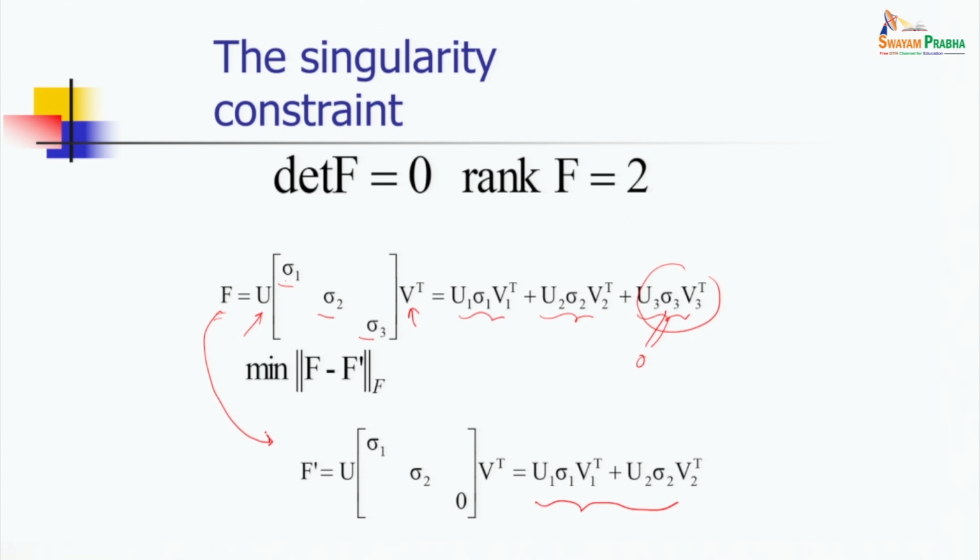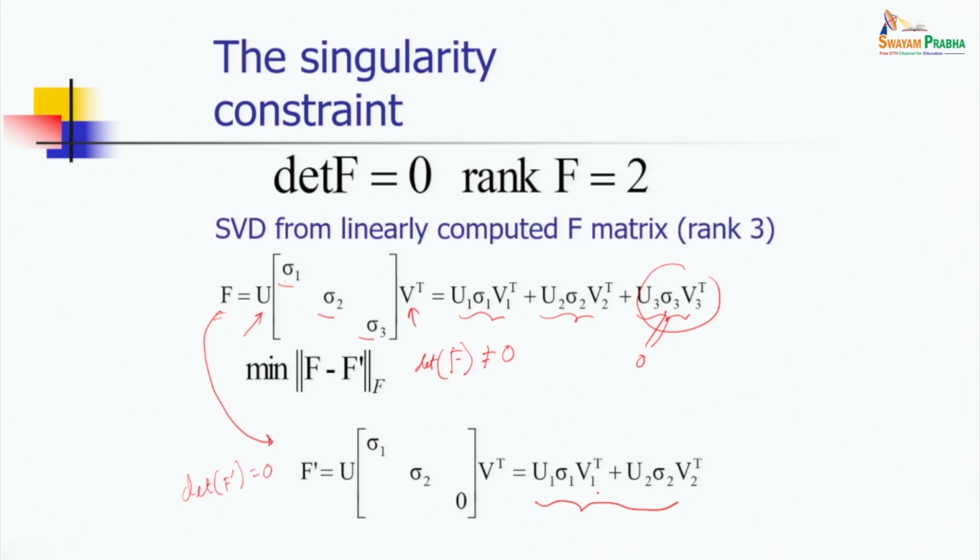You perform this correction to make it singular. Otherwise this f is not singular. If I take the determinant of f, it is not 0, but as you know, the fundamental matrix determinant has to be 0. So this has to be considered.